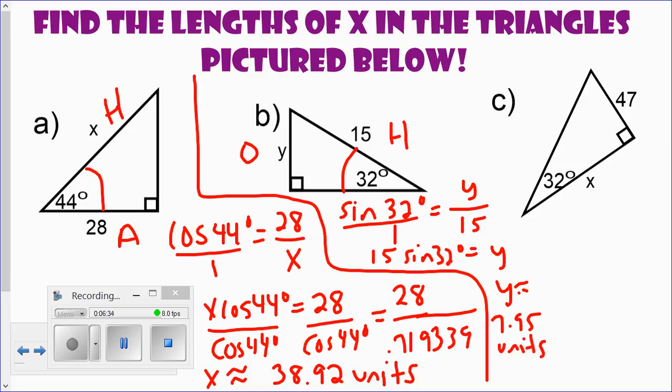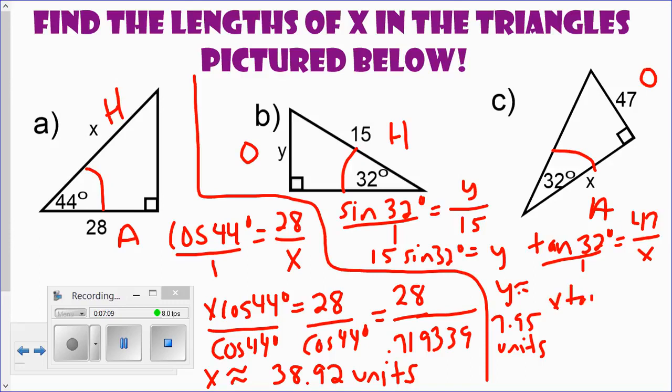Last example. So we're looking at our reference angle. We're seeing that we have 47, which is opposite from that, and we want x, which is adjacent. So the ratio involving opposite and adjacent is tangent, TOA. So tan of 32 degrees is equal to opposite, which is 47, divided by adjacent, which is x. So we'll cross multiply. X times the tangent of 32 is equal to 47.